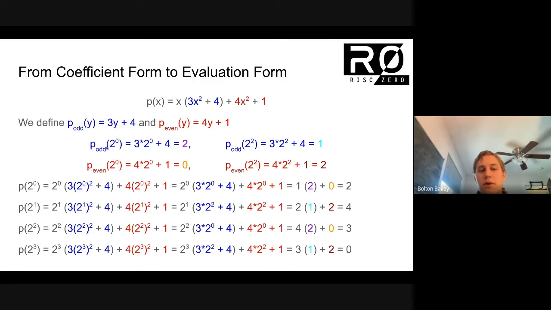So, right, P odd, assuming that we already have P odd on all of these values, and we already have P even on all of these values. Each term in blue here or in red here is already computed. And so all we have to do is, for each evaluation that we want to do, we just have to do one multiplication and then one addition in modular arithmetic.